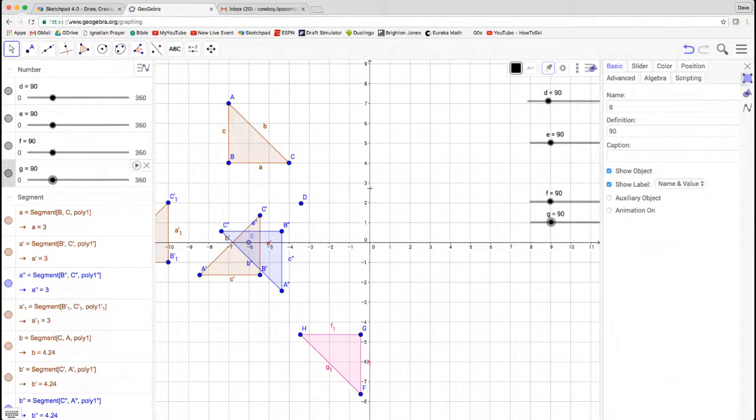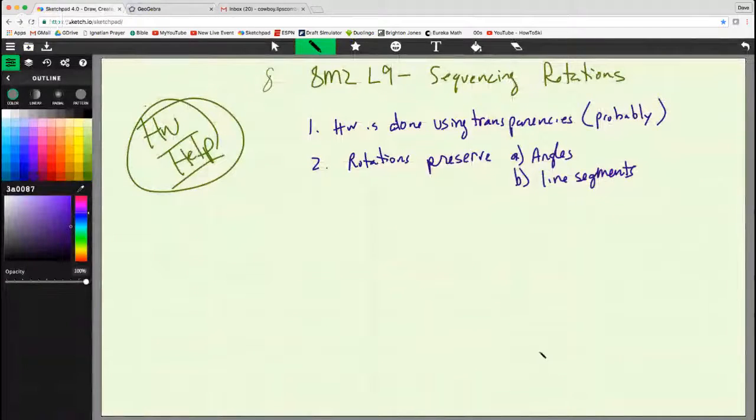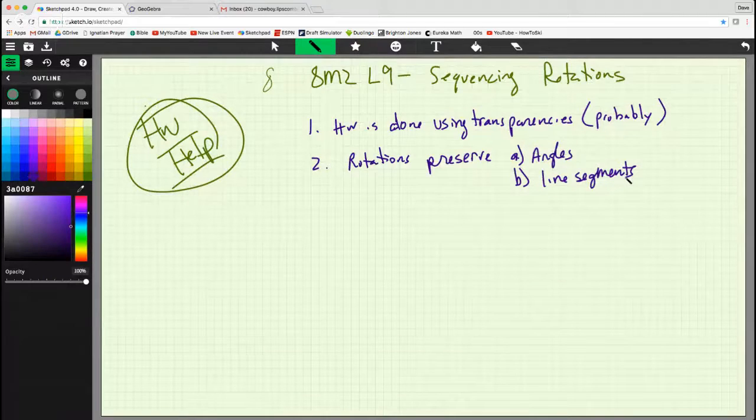Notice BC is still the same length as B prime C prime, and that is the same length as GH. The line segments are preserved. So if I could rotate once, twice, 3, or 100 times, this object is still a rigid object. So remember that: rotations preserve angles and line segments. I think there's a question about that as well.